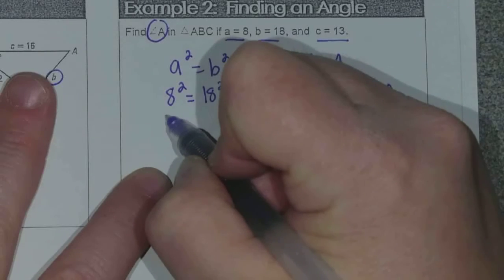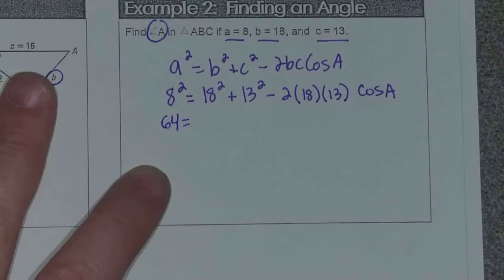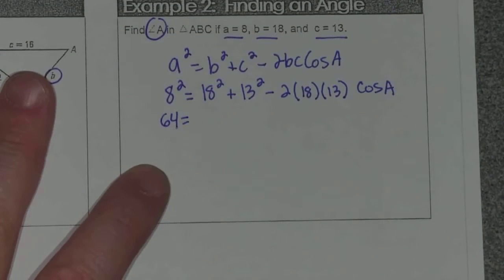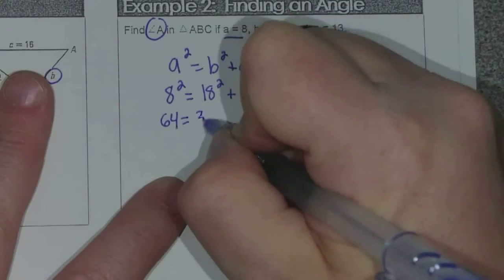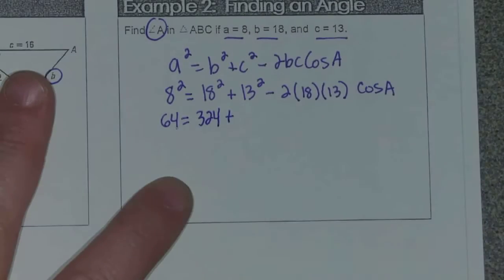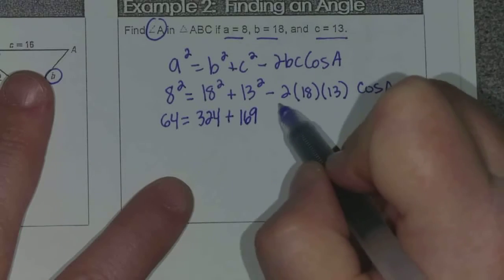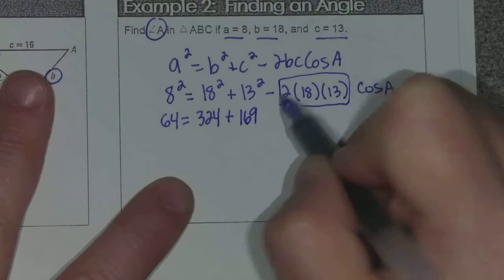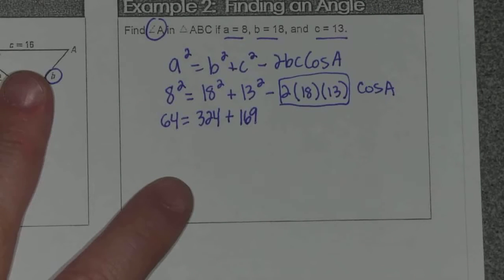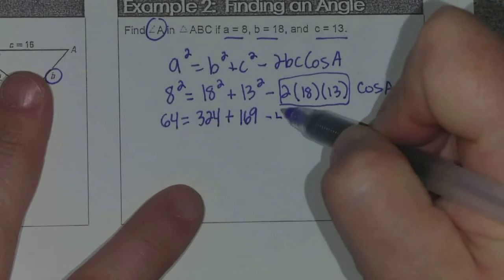What's 8 squared? Yep. What's 18 squared? 324. 13 squared? Good. And then this number is multiplied together, so let's get that number. 468 is what I got.